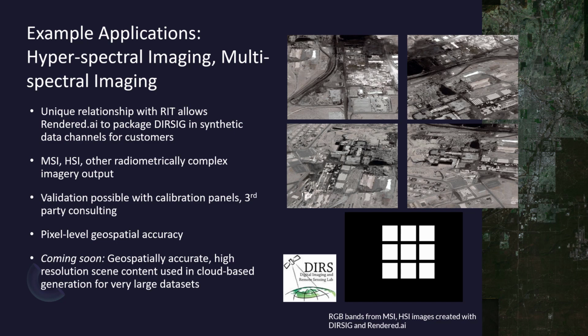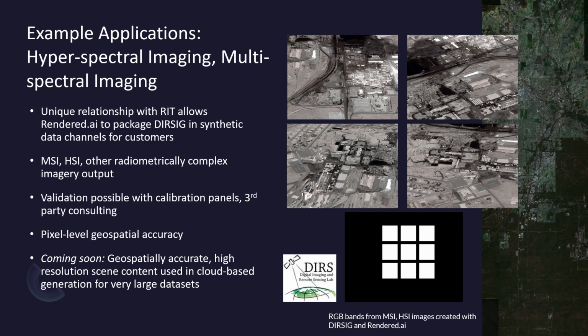We have partnered with the Digital Imaging and Remote Sensing Lab out of the Rochester Institute of Technology to be able to actually wrap DIRSIG, their US government-supported simulator, in Rendered and make it available through our web interface. This is a unique relationship with RIT in which customers who access DIRSIG through Rendered actually don't have to have training in DIRSIG.